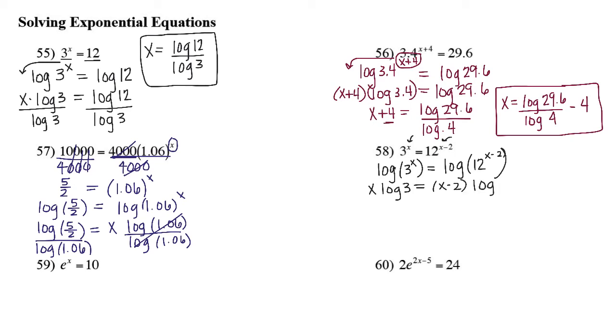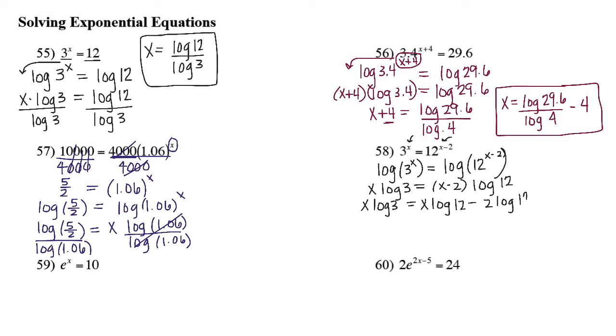Log 12. And then it looks like we're going to have to do some distributive property over on the other side because of that x there. So we're going to have x log 3 equals x log 12 minus 2 log 12.